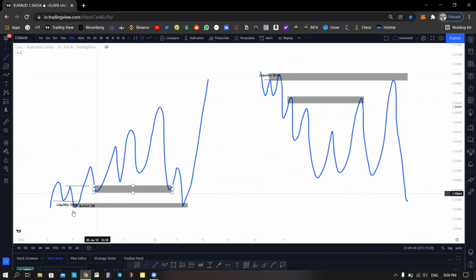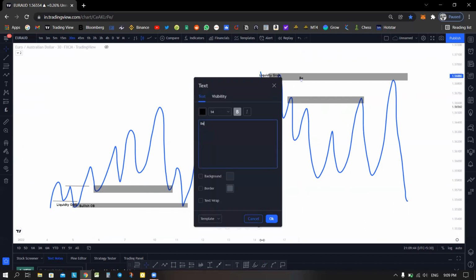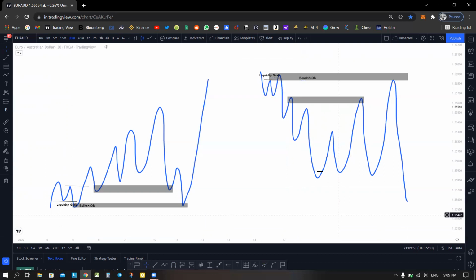This is the liquidity gap, and this one will be your bearish order block. So I hope you got this. This one is the retail order block.